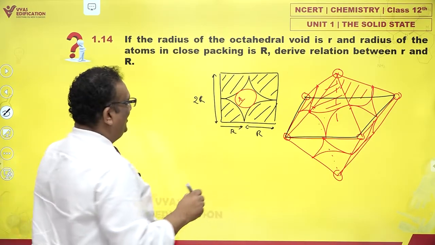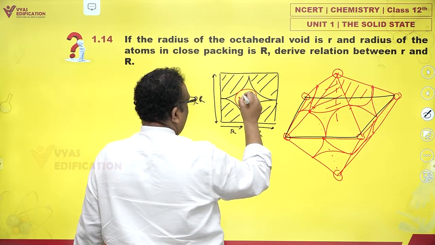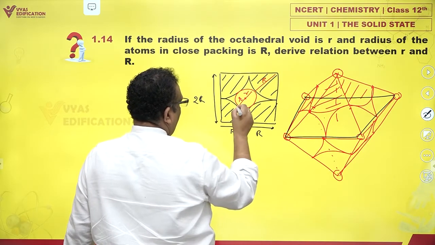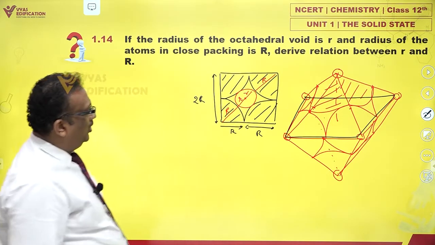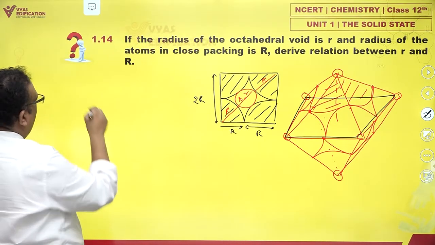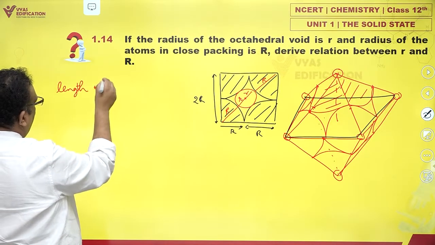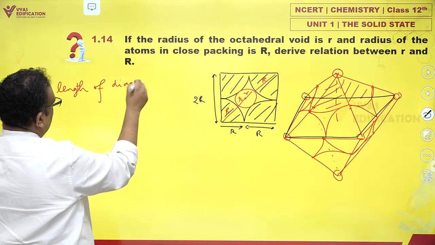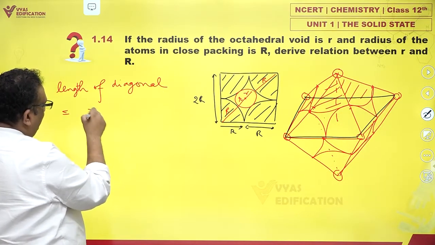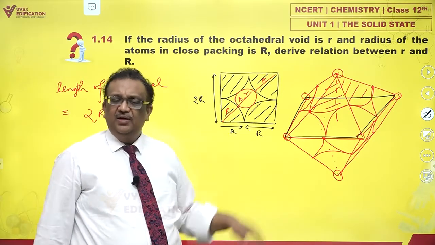So I have small r, and then I have capital R, and I have capital R. So the length of the diagonal of this square is edge length times root 2, thanks to Pythagoras.